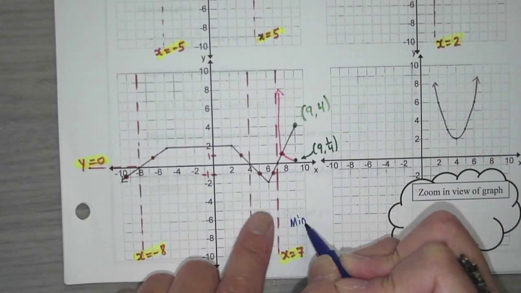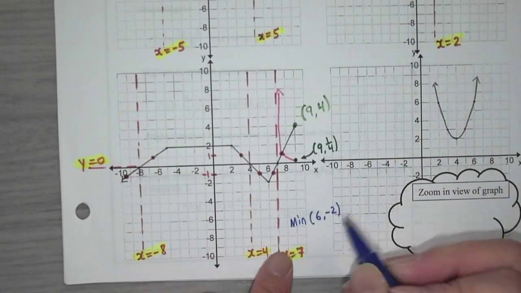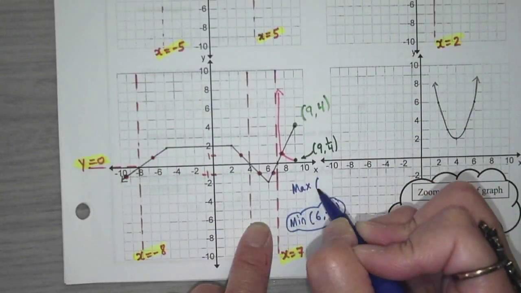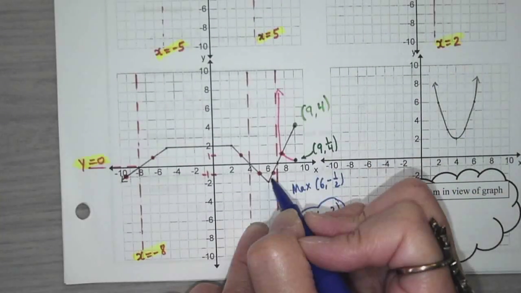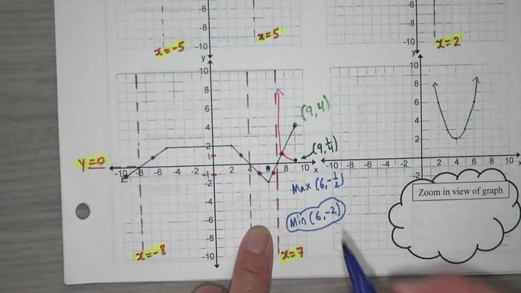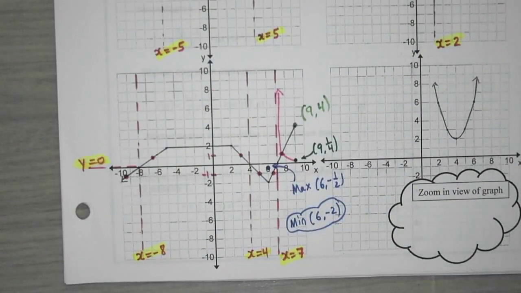I have a minimum at 6, -2. That's in my head. And what do I actually get? I'm going to get a max at 6, -1/2. So I want to see 6, -1/2, so a dot right there. Okay, so 6, -1/2, perfect.